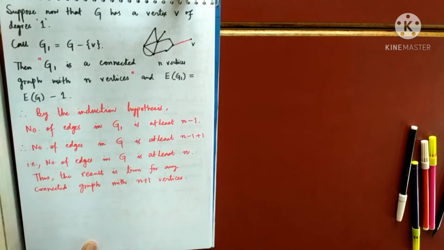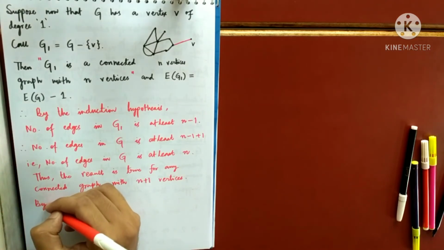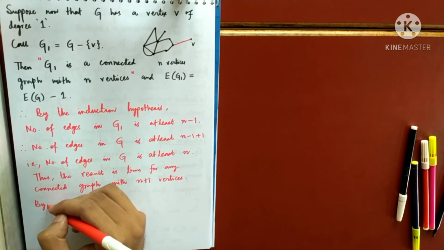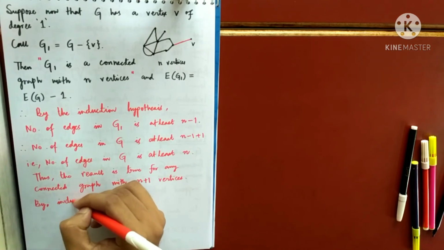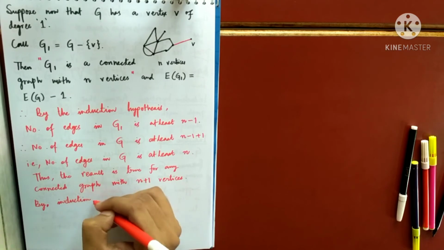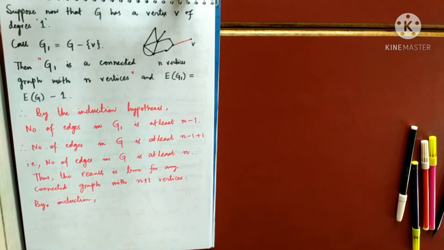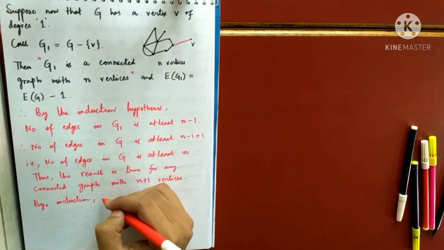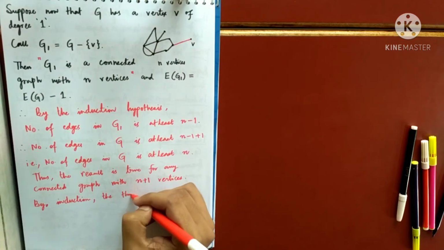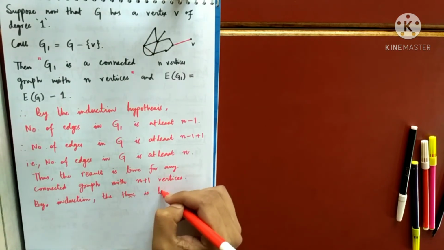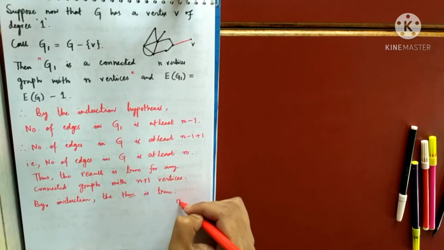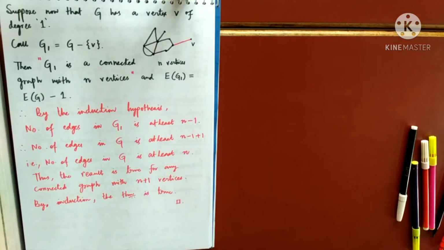So I have proved it for 1, assumed it for n, and proved it for n plus 1. So by induction, the theorem is true. So this completes the proof of the theorem.